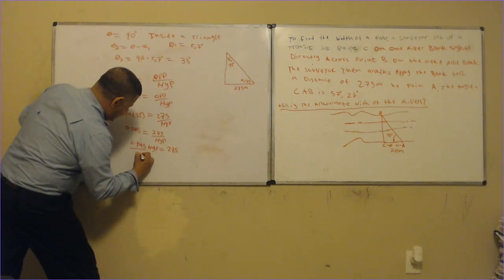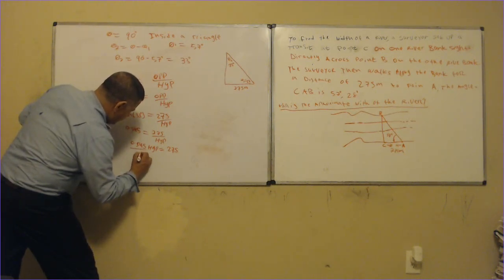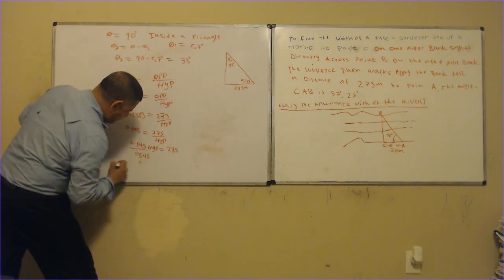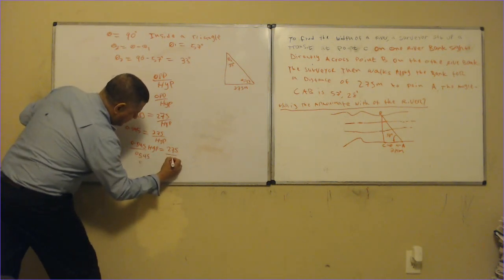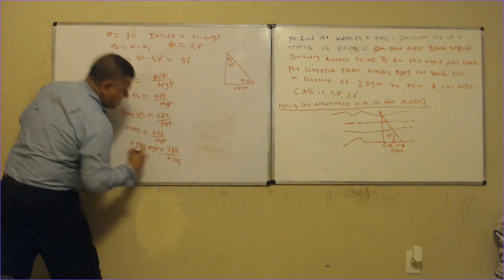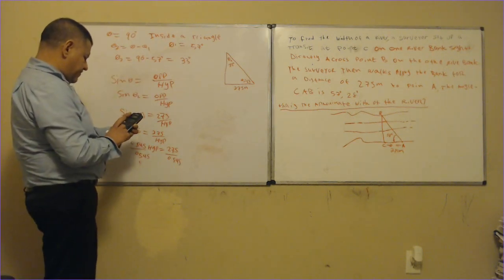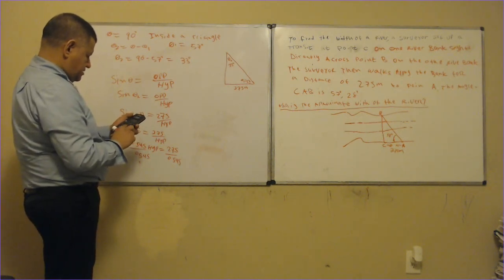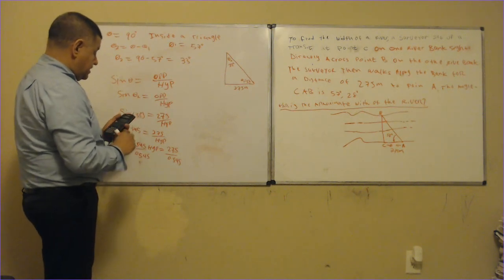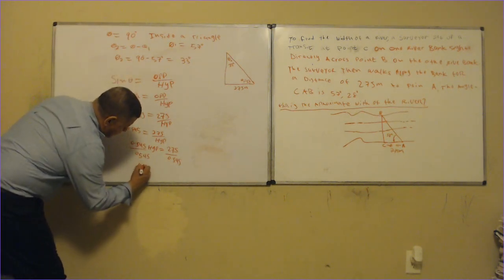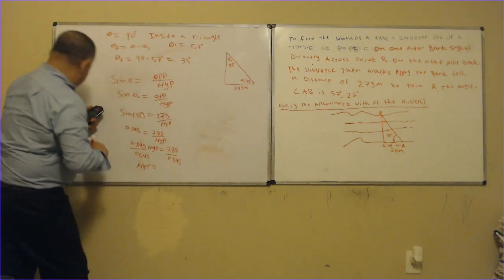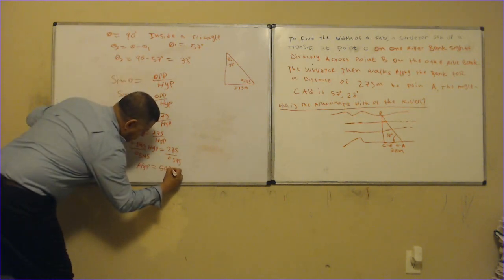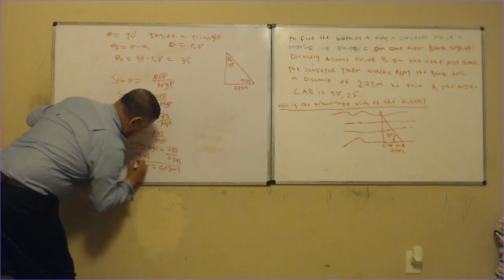Divided by 0.545, then 275 divided by 0.545, the hypotenuse is equal to 503 meters. Okay? Not the hypotenuse.